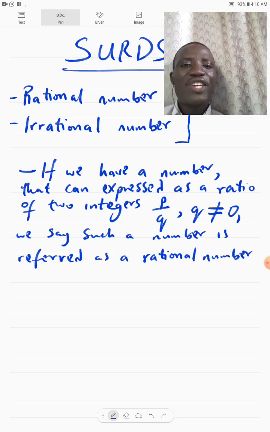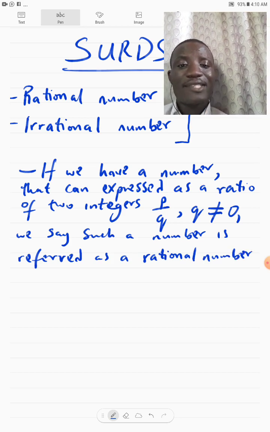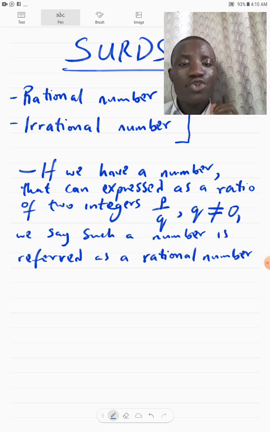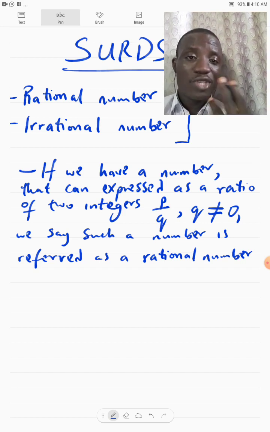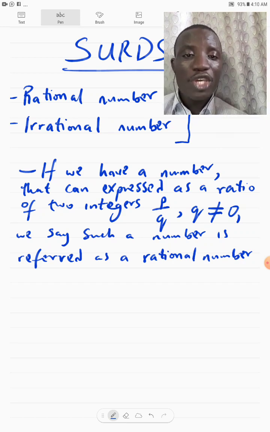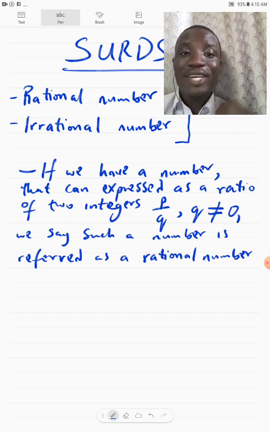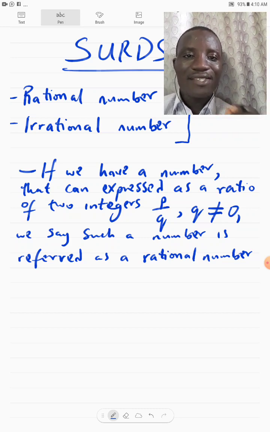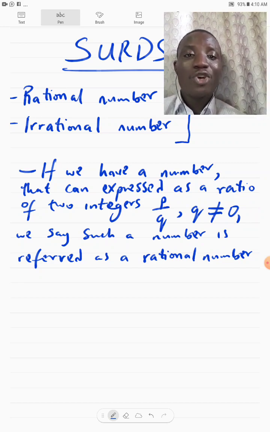So if we have a number that can be expressed as a ratio of two integers, let's say the integers are actually p and q, so in other words, if we have a number that can be expressed as a ratio of p to q, or as a fraction p over q, such that q is not equal to 0, we say such a number is called a rational number.